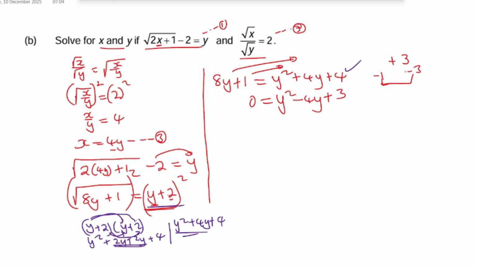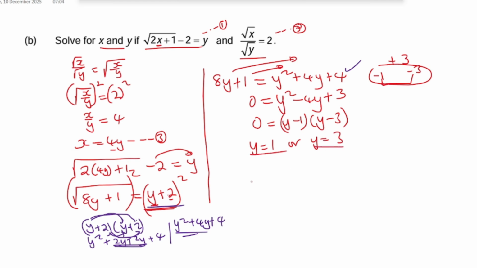Negative 1 times negative 3 gives positive 3, and negative 1 minus 3 gives negative 4. You see that? So it's going to be 0 is equal to y minus 1 times y minus 3. Meaning y is equal to 1 or y is equal to 3. These are the values of y.